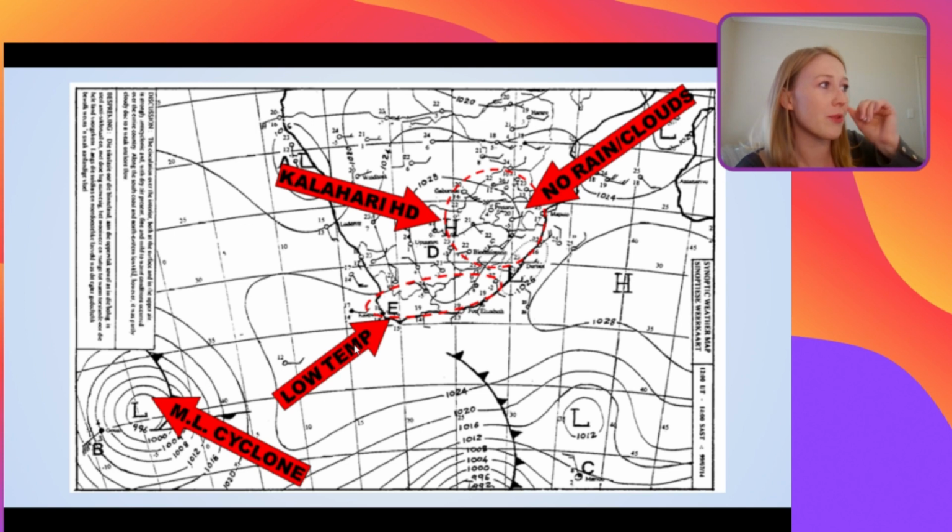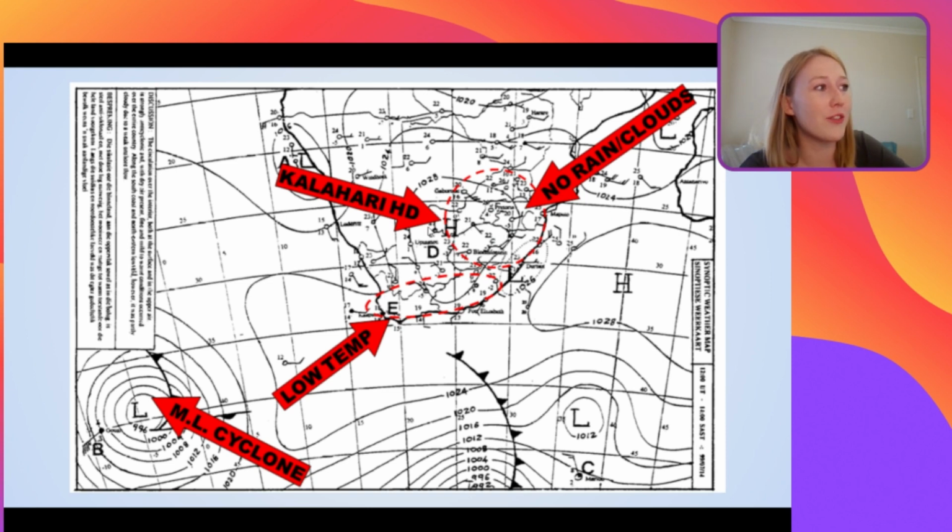You have low temperatures, that's also a giveaway that it's winter. You have clear skies, so you might remember reading the station models. The little circles mean that there are no clouds. So if you see no clouds inland, it means it's winter.